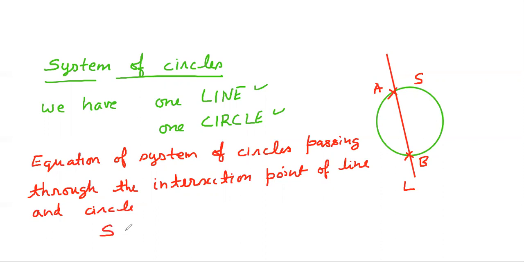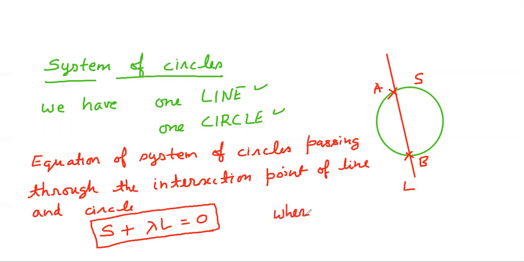This will be S plus lambda times L equal to 0, where lambda is any real number. For different values of lambda, we have a different equation of a circle.